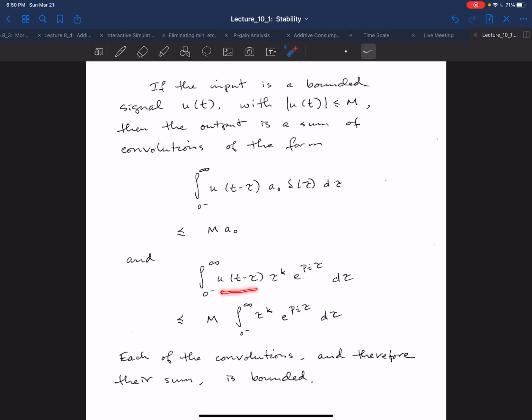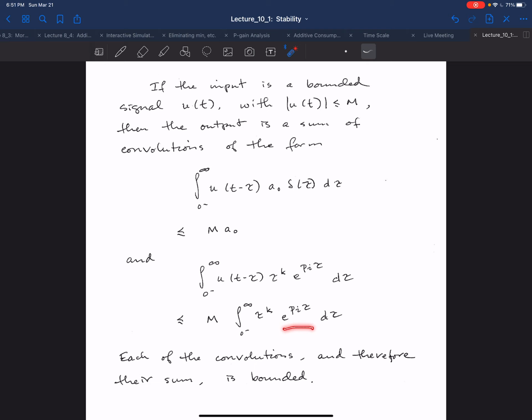Well, again, we're assuming that our input u is bounded by the value m. So we know that this u of t minus tau is going to be less than or equal to m by its boundedness. Therefore, we know that that integral is going to be less than or equal to m times the integral of the rest of the integrand, the tau to the k e to the p_i tau d tau term.